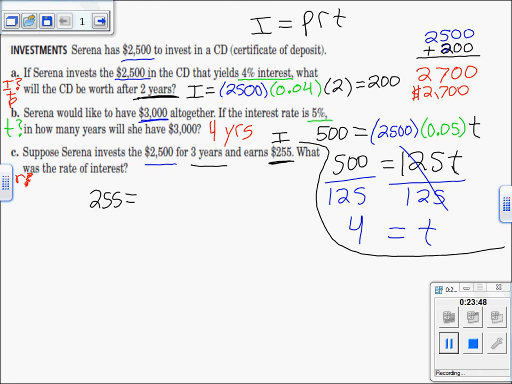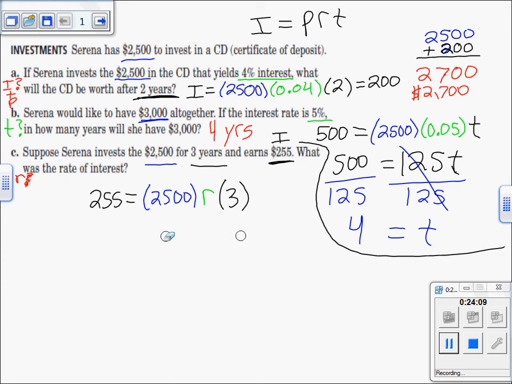So 255 equals the principal, 2,500, then R for the rate that we don't know, and the time, which is 3. That's plugging in everything you know for the interest, the principal, and the time.